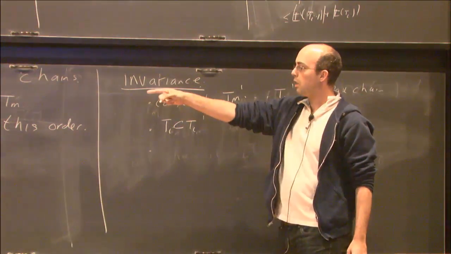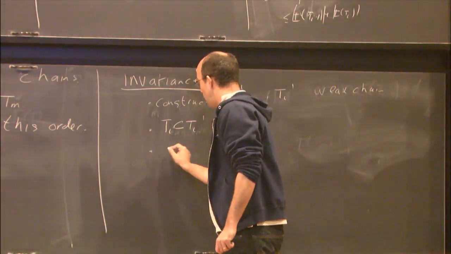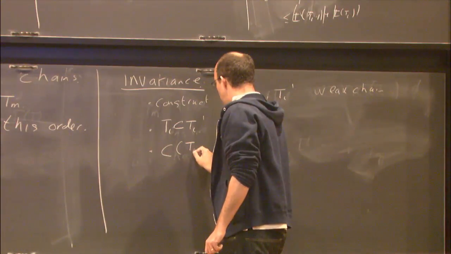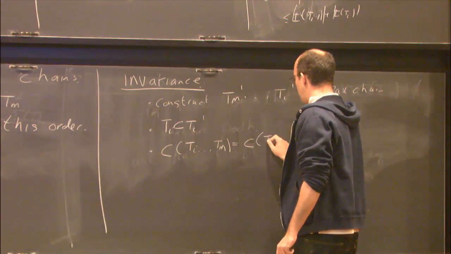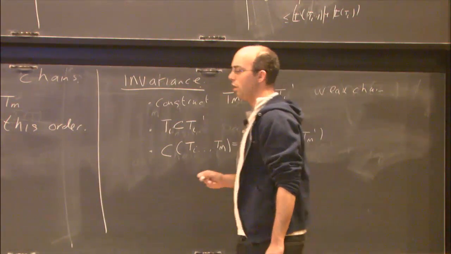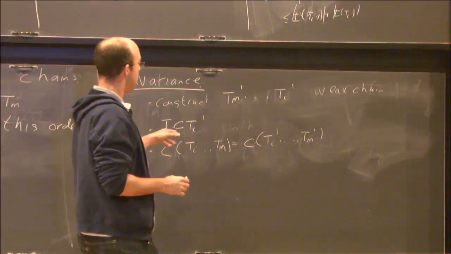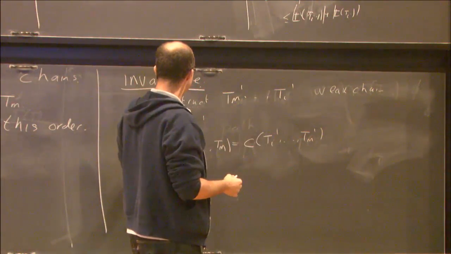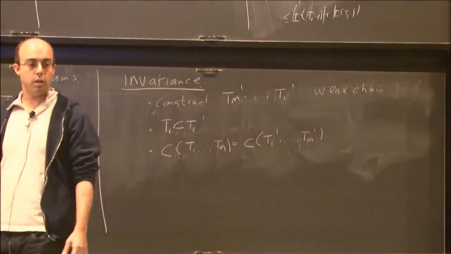I won't write it, but T1 up to Tm is going to stay a regular chain that's going to be a subset of that. And the cube defined by Ti up to Tm is going to be the same as the cube defined by Ti prime up to Tm prime. I think that's all that we need. Okay? So this is the invariant. Once we go to i equal to 1, this is a weak chain, the regular chain is contained, and it's a full cube. So once we get to i equal 1, we're done.